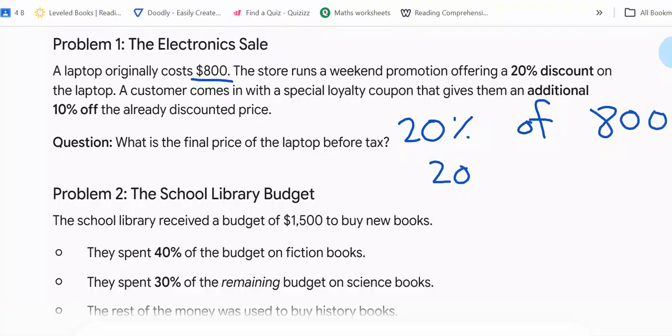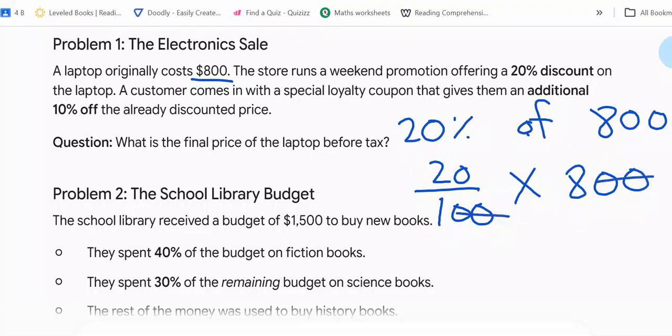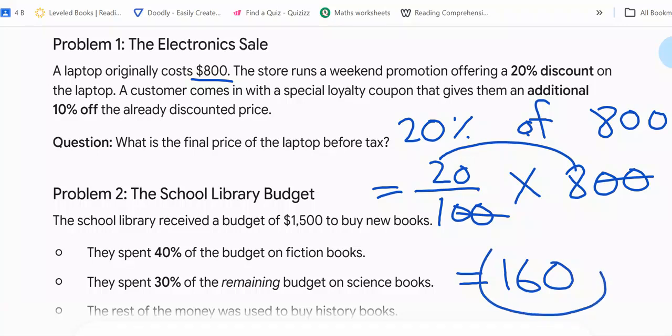So percentage sign will be changed into a fraction line over 100. Of is changed into multiplication and 800 will be written as it is. Now these 2 zeros will cut these 2 zeros and 8 2 times is 16 and 0 will be added on as it is.